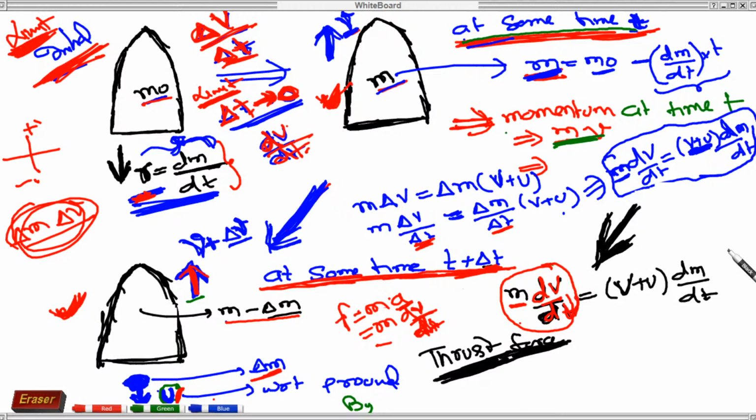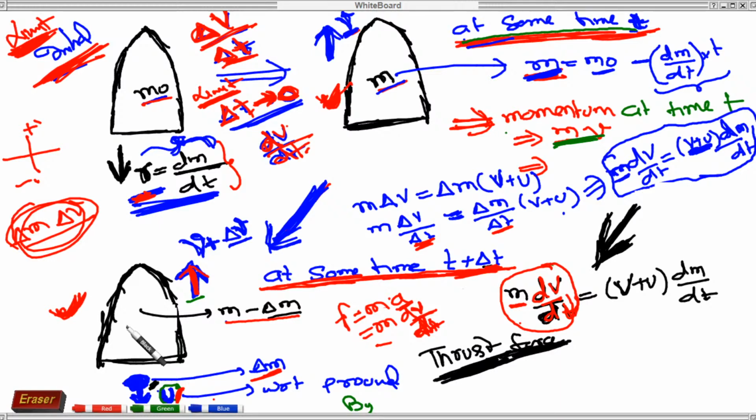It says that this is the force generated when certain mass leaves or enters the system. I am considering the case where this delta m is leaving the system.